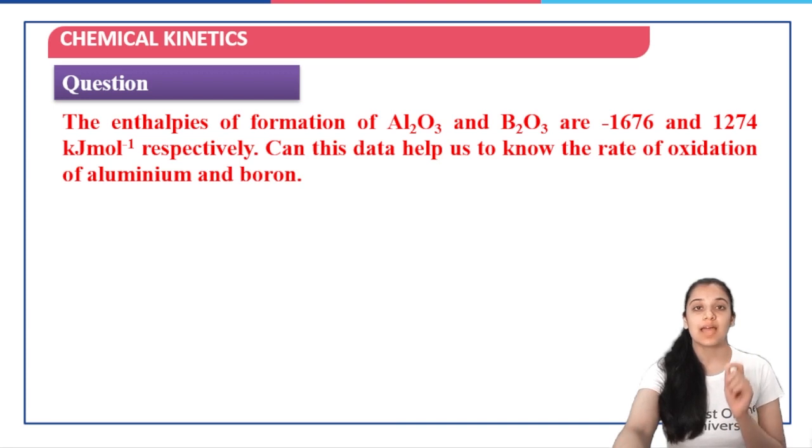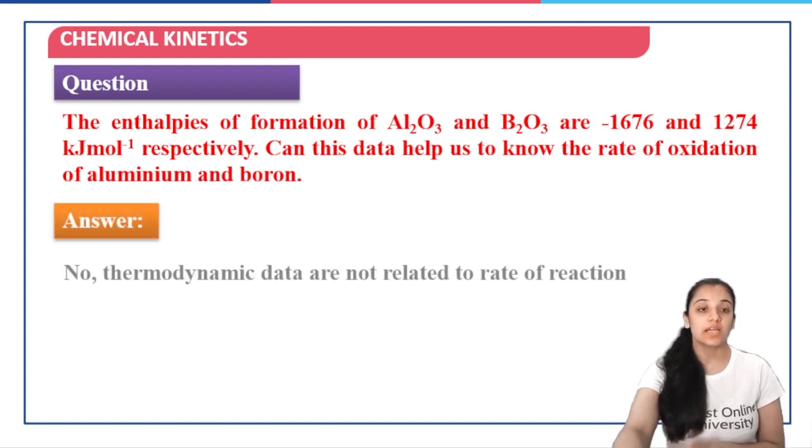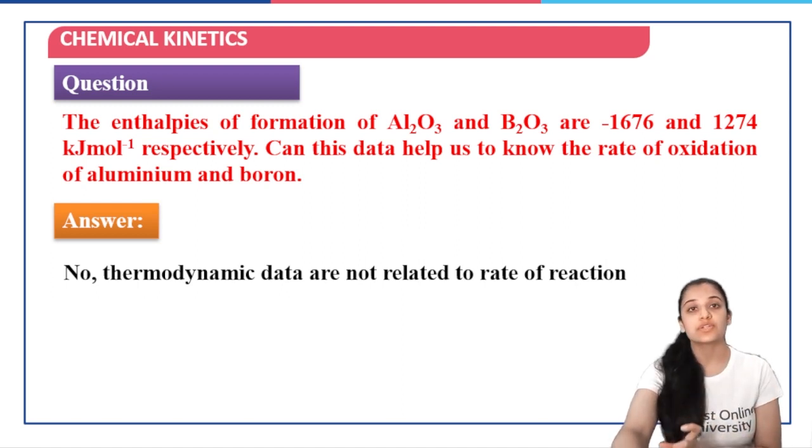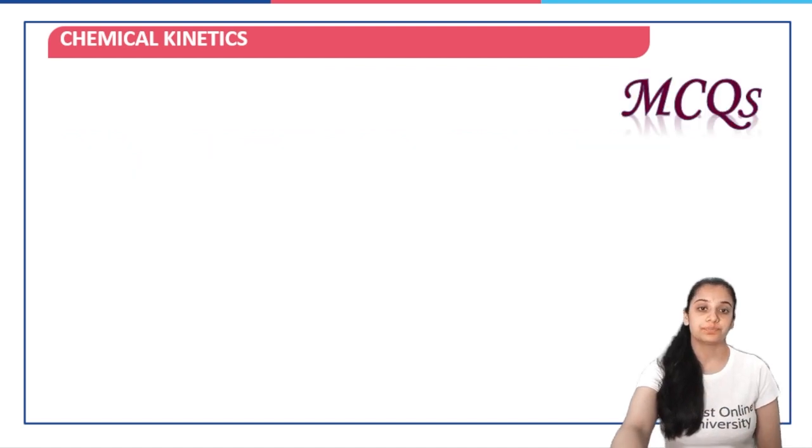Think what enthalpies relate to and what chemical kinetics is about. The answer is no, because enthalpy is thermodynamic data and thermodynamics is not about the rate of reaction. Thermodynamics is about the feasibility of a reaction.